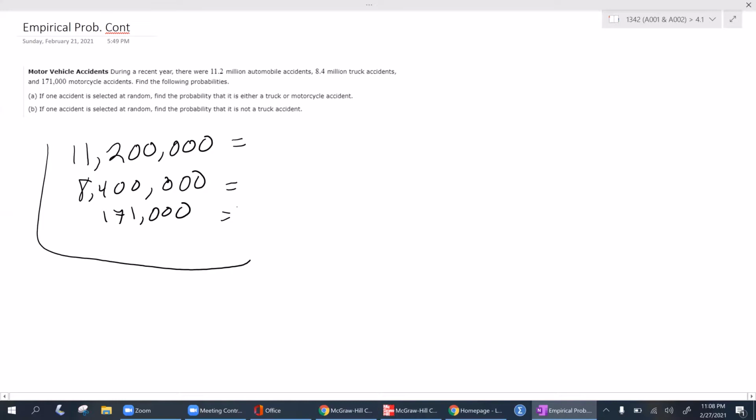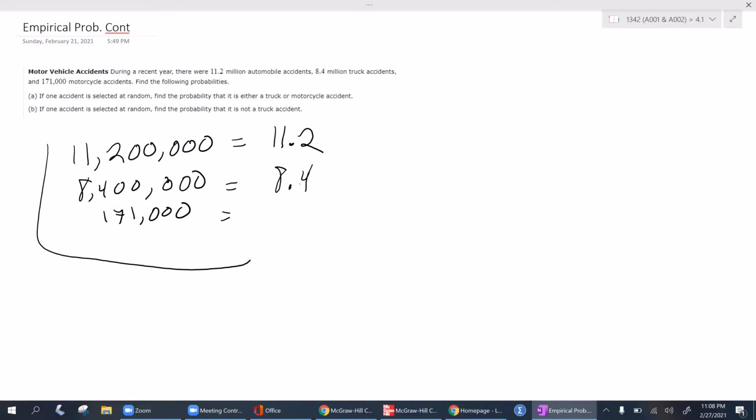So if I'm just focused on the numerical value in millions, I'm going to get this value and divide it by a million. When you plug that in, what do you get? 11.2. You plug in the other one, what do you get? You get 8,400,000 and you divide it by a million.